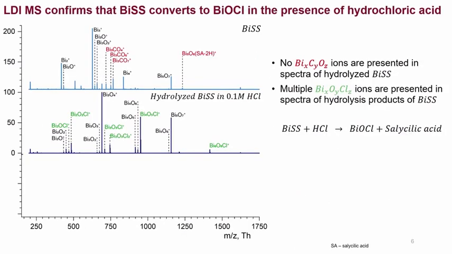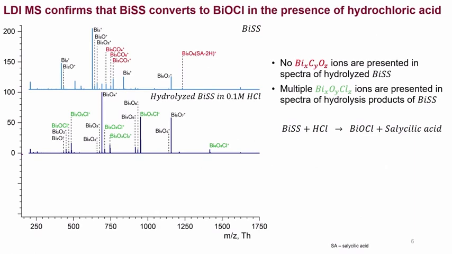Also, because we know that this compound should convert to bismuth oxychloride in the presence of hydrochloric acid, we decided to compare the mass spectra of bismuth subsalicylate before and after incubation in hydrochloric acid. In the spectra of the hydrolyzed products of bismuth subsalicylate, we weren't able to observe any ions that have carbons inside, but observed multiple compounds that have bismuth, oxygen, and chlorine atoms.